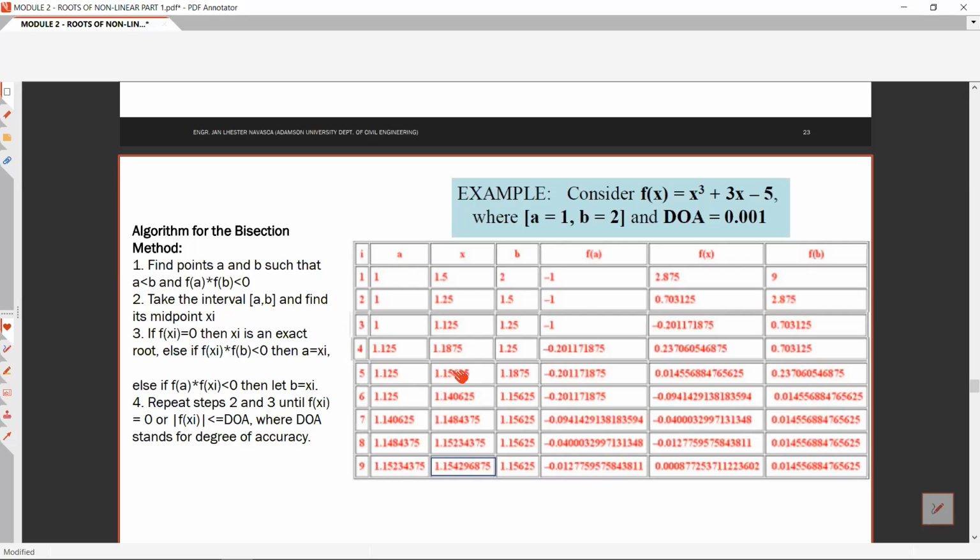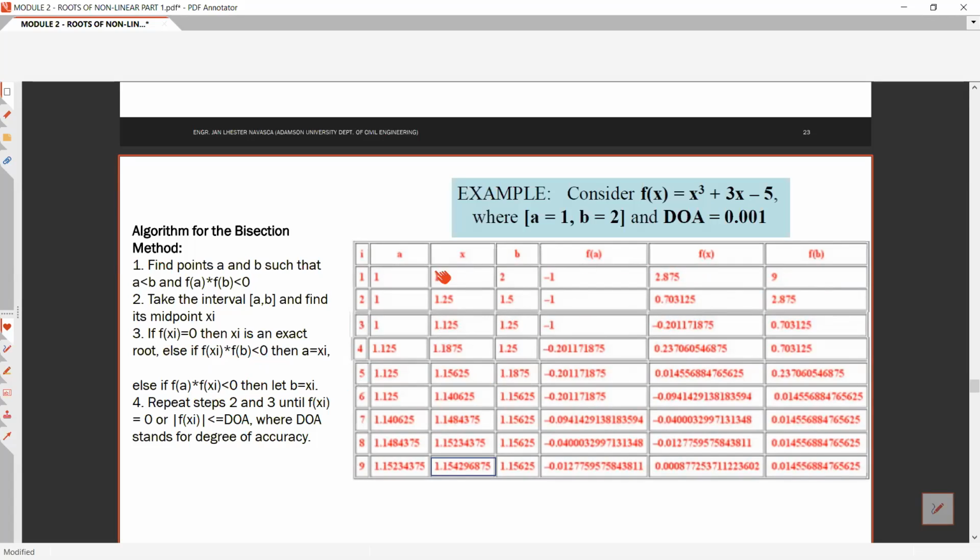Else, check na natin kung f of xi multiplied by fb is negative, or f of a multiplied by f of xi is negative. So, ito yung mangyayari. Tama ba na f of a multiplied by f of xi, ito yung negative. Ito hindi negative, di ba? Ito multiplied by dito, ito yung negative.